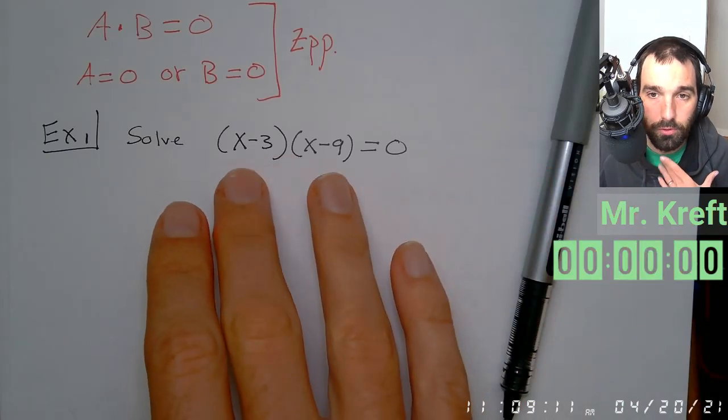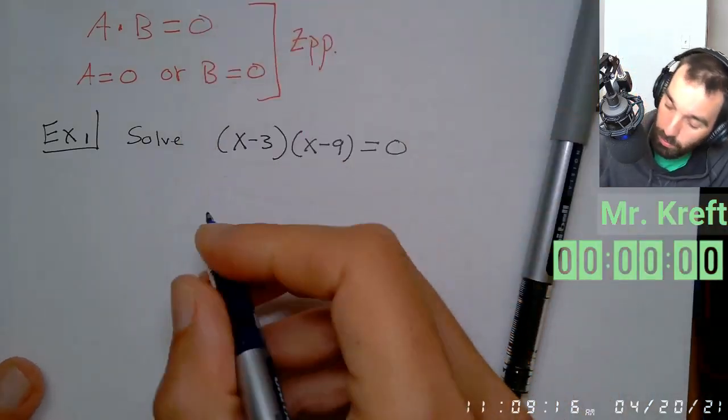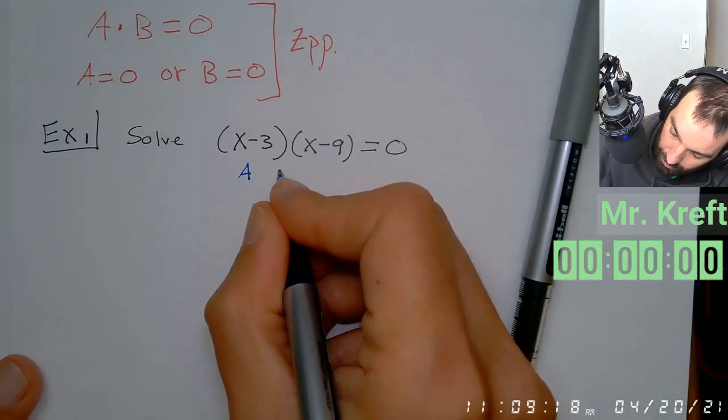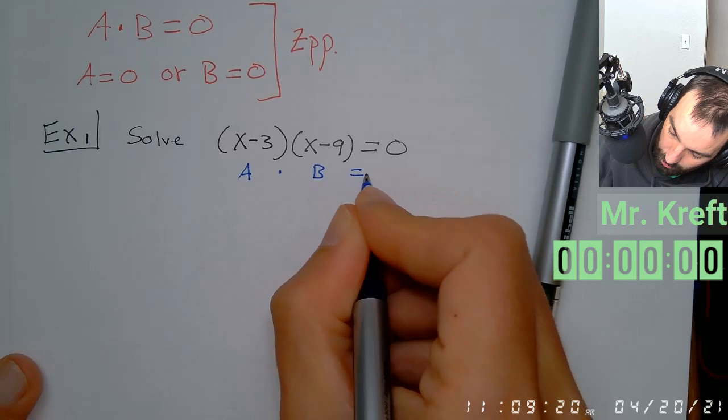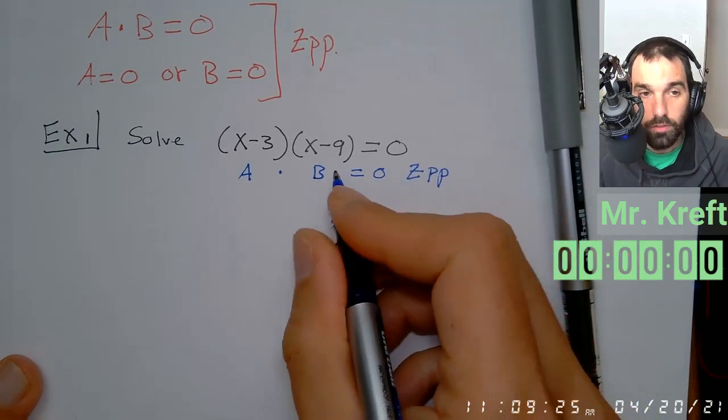In this example, I have 2 factors, right? We could multiply these out to get a trinomial. But as we can tell here, I have one thing times another thing equal to 0. That is the zero product property.